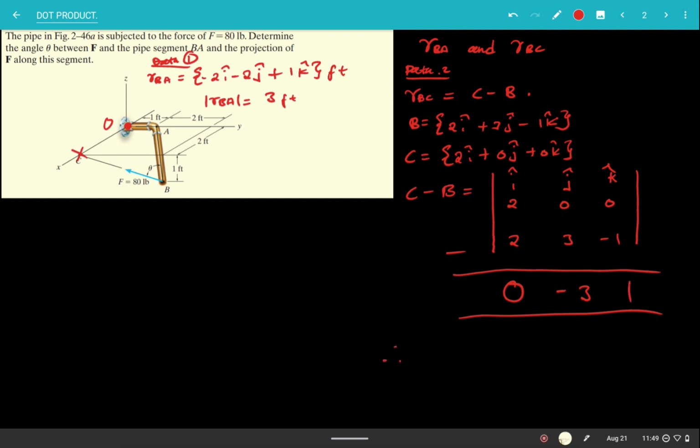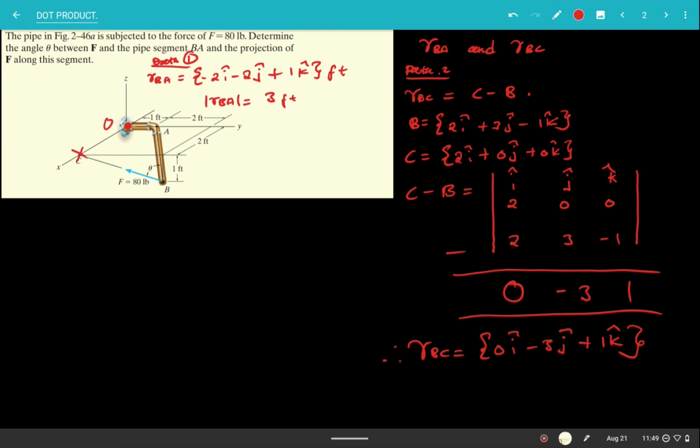Therefore, my position of BC will be equivalent to 0 in the I, minus 3 in the J, plus 1 in the K. So this is my position vector of BC.